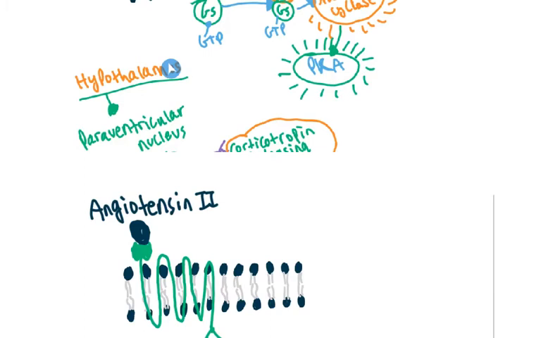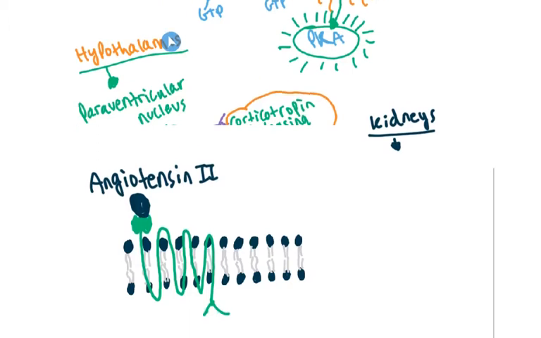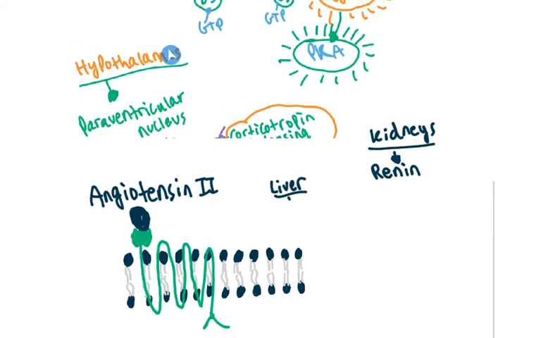So the kidneys are going to release an enzyme known as renin. Let's write this down. The kidneys will produce an enzyme called renin in response to the detection of low blood pressure. Then our amazing liver will also produce a zymogen called angiotensinogen.